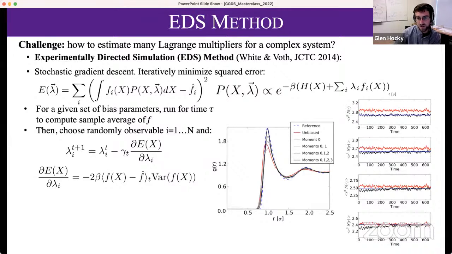And so you could start from that. It's a good guess, which you can calculate very easily from your unbiased simulation and then plug that in as your starting value. But we didn't even have to do that for the Acton paper, so we didn't worry about it too much.